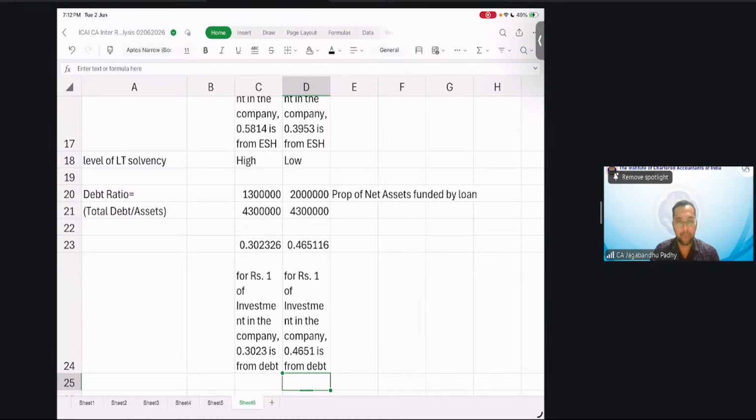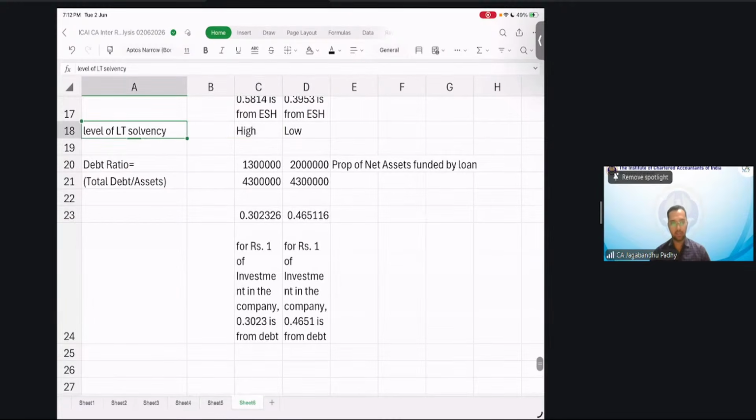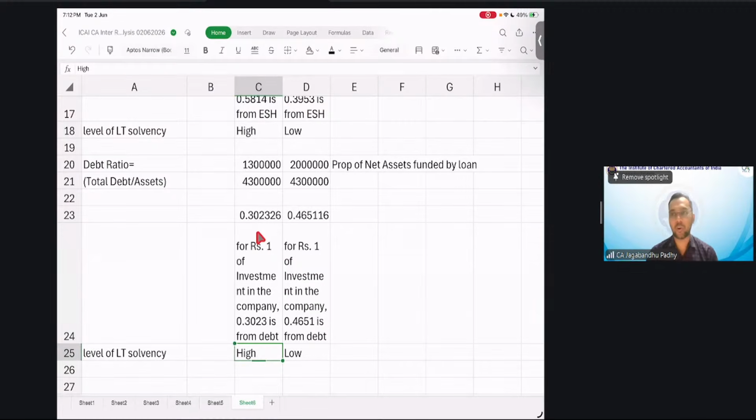So, of course, if I ask what is the level of long-term solvency, here it means, of course, high and the other side is going to be low, because a lower proportion of debt indicates that borrowed money is lower. So you have borrowed less money or you're using more of your owned fund. That indicates you are in a better, safer situation.